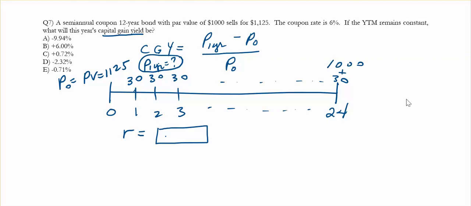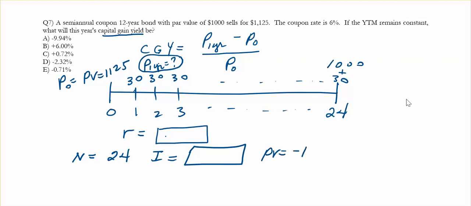So let's go ahead and put everything into the calculator. N is 24. We'll solve for I, the 6-month interest rate. The PV is negative 1125. Remember, PV is always negative if the PMT is positive and the FV is positive.